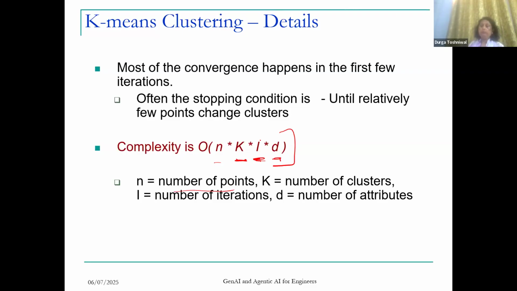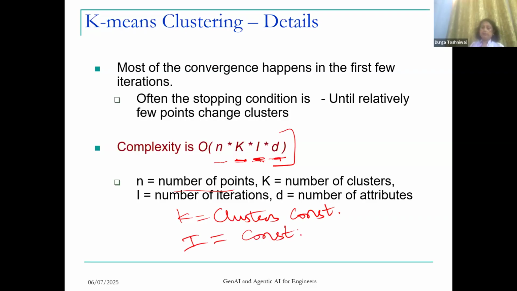So this whole process is proportional to the number of points, number of clusters, number of iterations, and number of attributes. Now, the number of clusters is actually a constant given a clustering process. The number of iterations also could be some constant value that we can pre-specify.